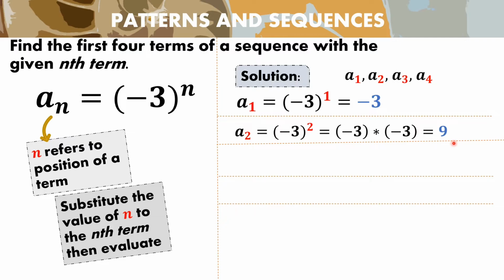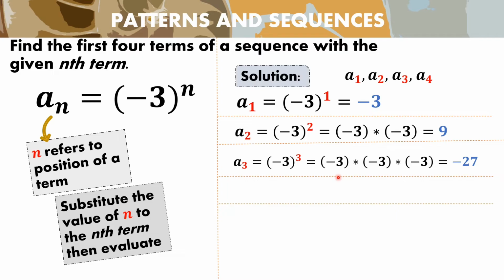Third term, n is 3, that is a sub 3 equals quantity negative 3 raised to 3. You're going to multiply the base negative 3 by itself thrice.